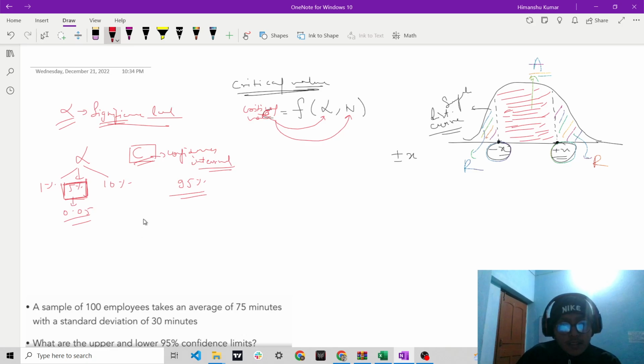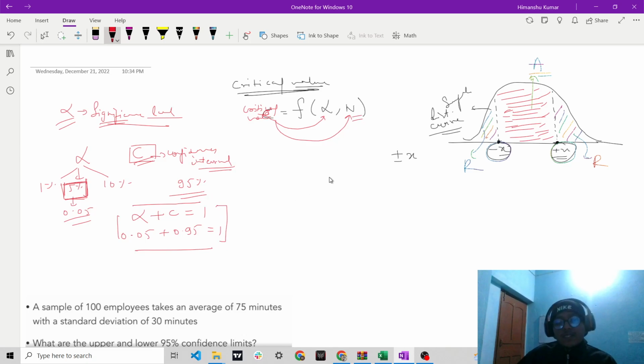So there is an expression: alpha plus c equals 1. That is, alpha is 0.05 in general, plus 0.95, which equals 1. That is all about significance level, and n is the sample size.